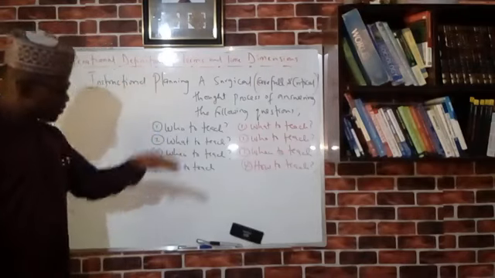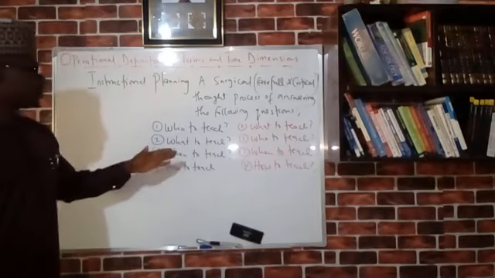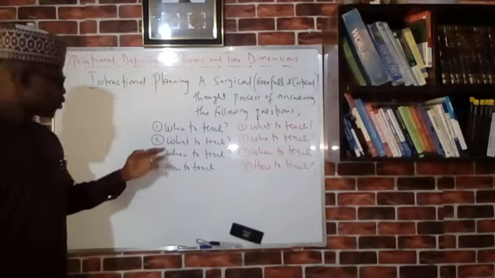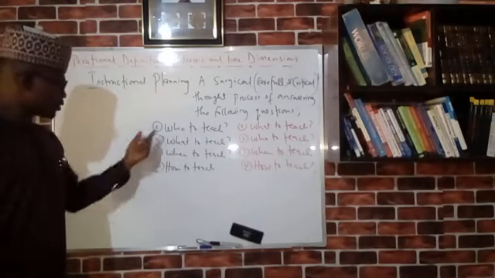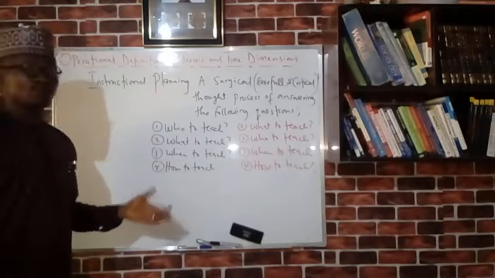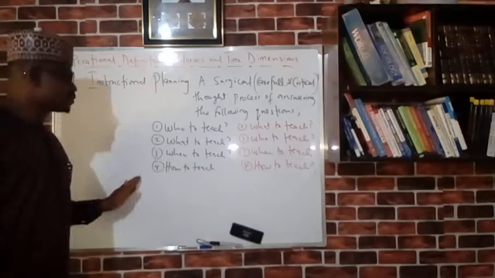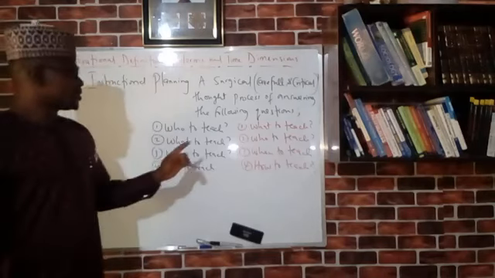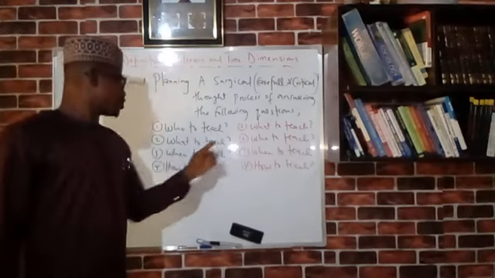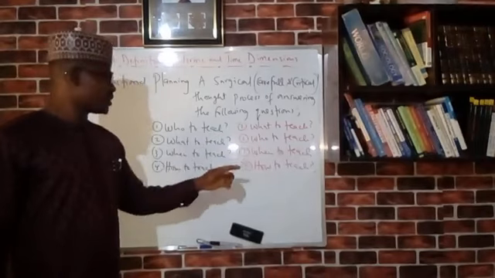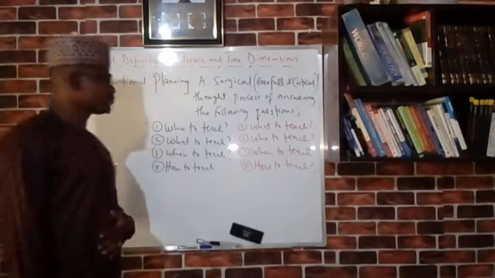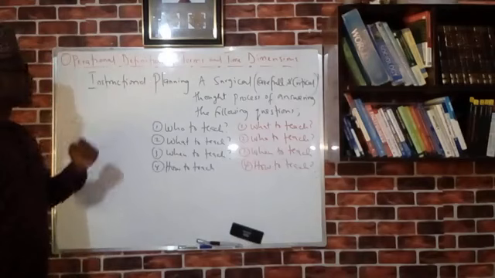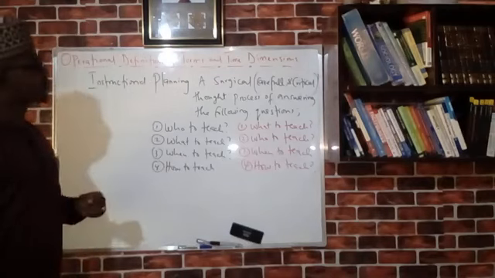So this is planning: who to teach, what to teach to that who, then when to teach it and how to teach it. This is one arrangement. On the other side, you see what to teach coming first before who to teach, then when to teach and how to teach. This is the working definition of instructional planning.